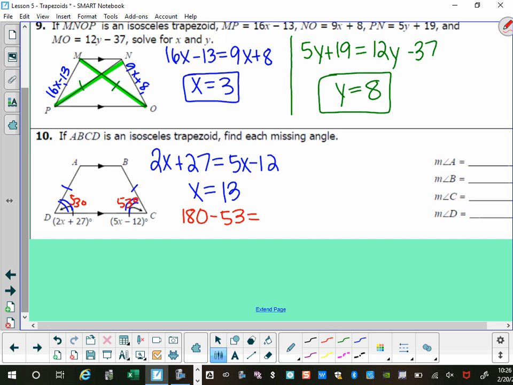What do we get? Okay, so we got 127. That means that angle B is 127 and angle A is 127. So now I am ready to plug in my answers. A and B is 127 degrees. Angle C is 53 degrees. And there we go.